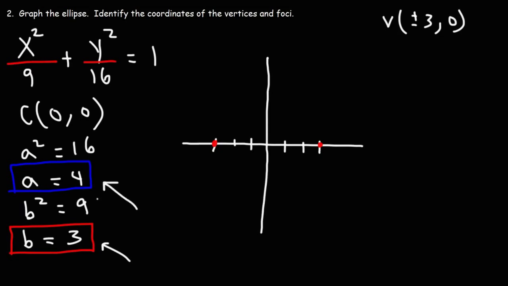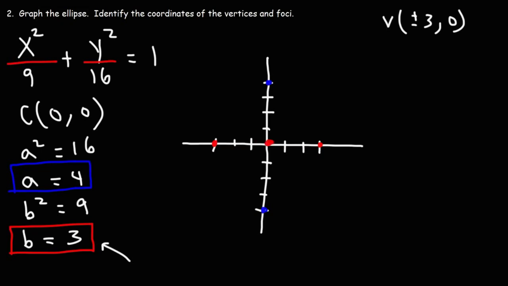Now a is 4, and it's associated with y. A squared is under y squared, so a is going to be along the y-axis. So we're going to travel 4 units above the center and 4 units below the center. So the coordinates of the major vertices will be 0, 4 and 0, -4.